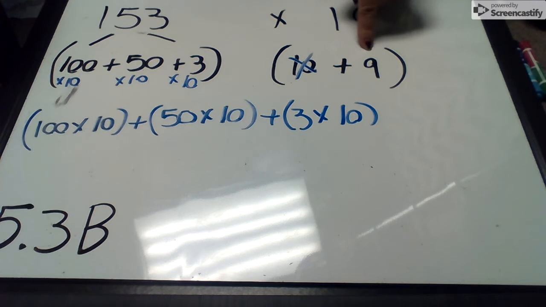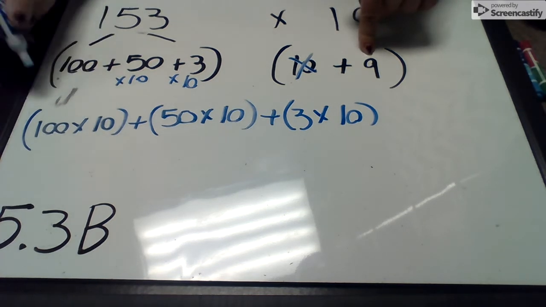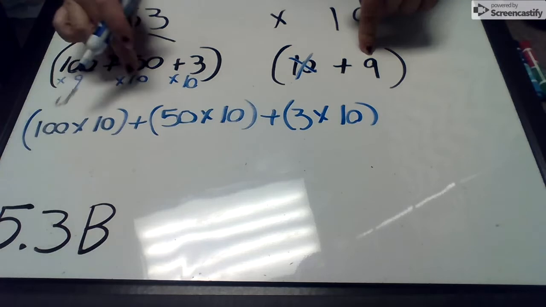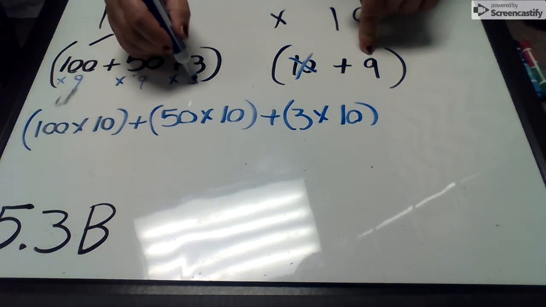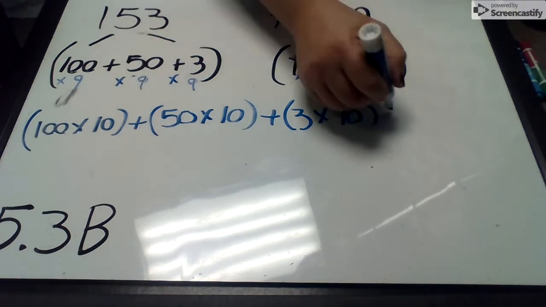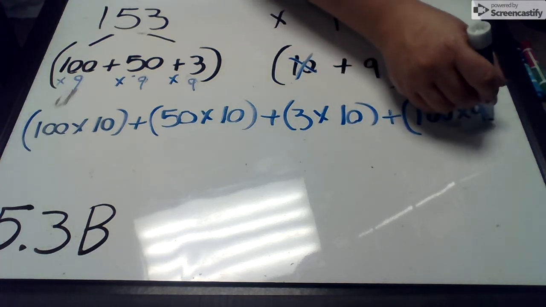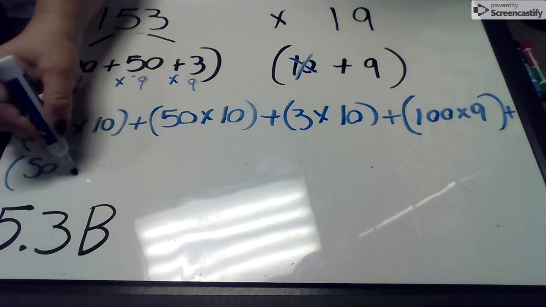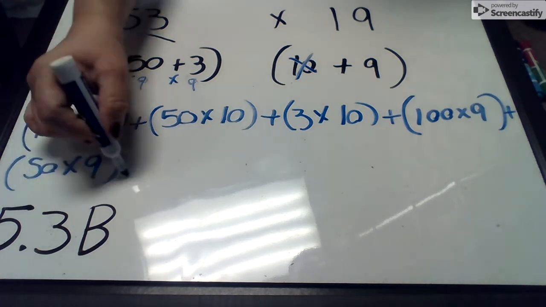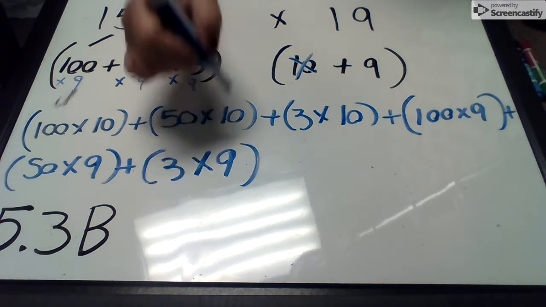Now I need to have this 9 do the same thing. So it would be 100 times 9, 50 times 9, and 3 times 9. So 100 times 9 plus 50 times 9 plus 3 times 9.